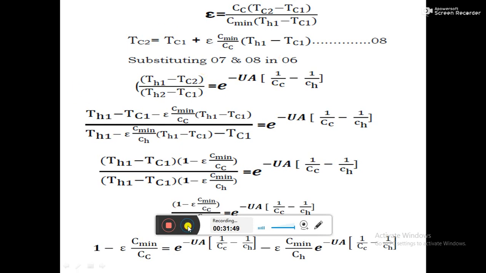Now cross multiplying the term e to the power of minus UA into 1 by Cc minus 1 by Ch with the denominator term, we will get 1 minus effectiveness into C minimum by Cc equals e to the power of minus UA into 1 by Cc minus 1 by Ch minus effectiveness into C minimum by Ch into e to the power of minus UA into 1 by Cc minus 1 by Ch.